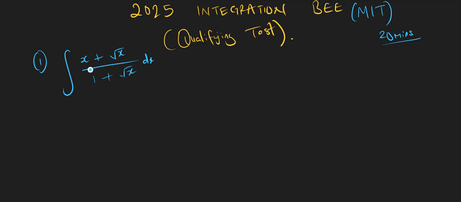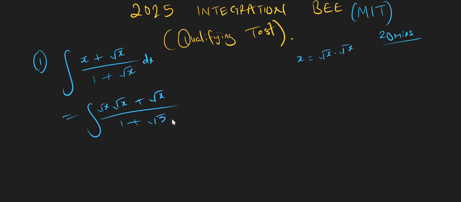So for the first problem here, we are asked to integrate x plus square root of x divided by 1 plus square root of x. Notice that we can write x as square root of x times square root of x. So this integral becomes the integral of square root of x times square root of x plus square root of x, divided by 1 plus square root of x.